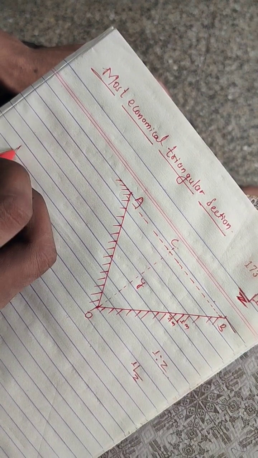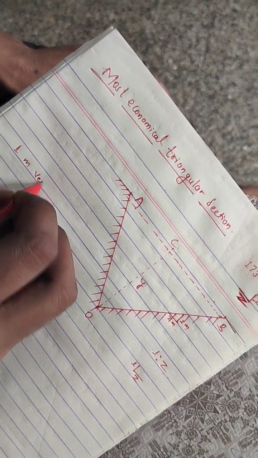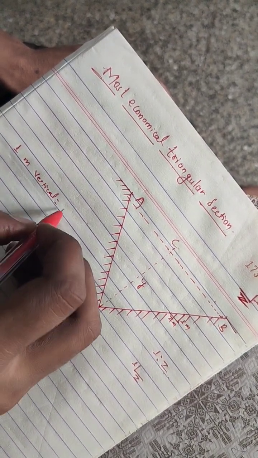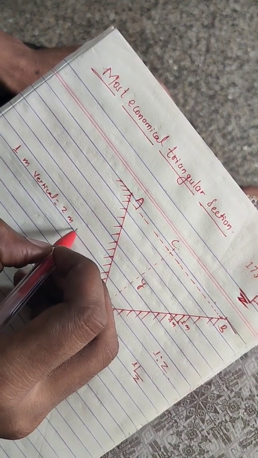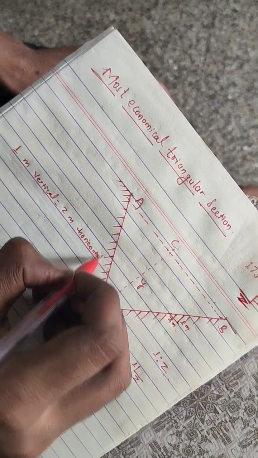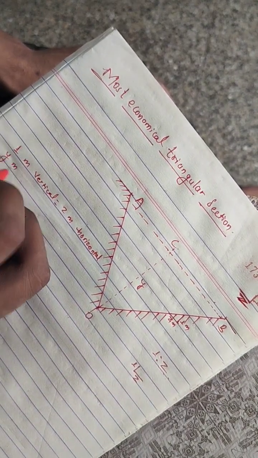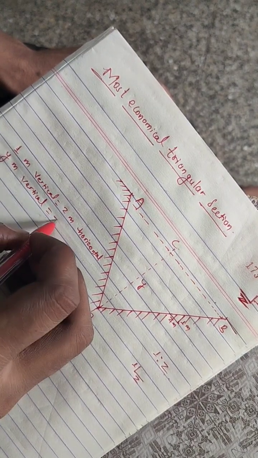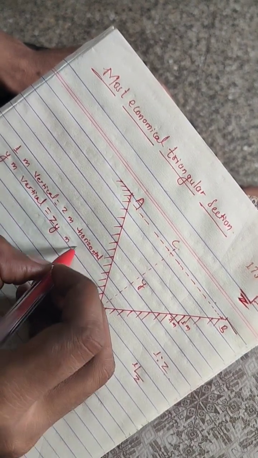So 1 meter vertical equals z meter horizontal. For y meter vertical it will be equal to z into y meter horizontal.